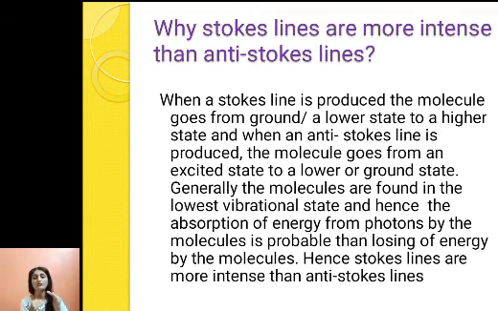Now when we talk about vibrational states, we have studied in the spectra of diatomic molecules that most of the molecules are in the ground vibrational state. As most molecules are in the ground vibrational state, the tendency to go from the ground state to the excited state by gaining energy from the photon is greater than the probability of transition from the excited to the ground state.